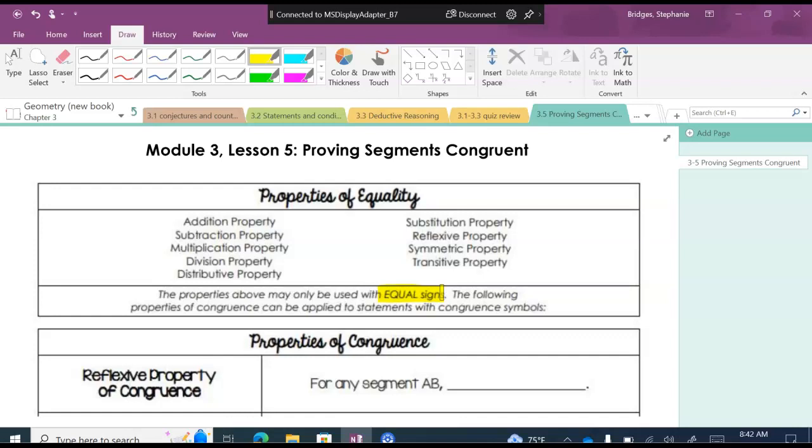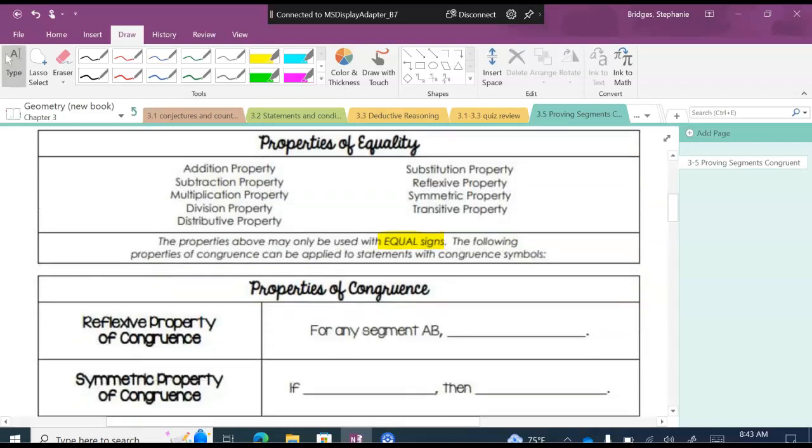So what we're going to have to do is justify every single statement that we're going to be writing. All right, so we talked about some of these properties of congruence on Friday, but we're going to re-talk about them again today because we will be using them in some proofs for the next few days.